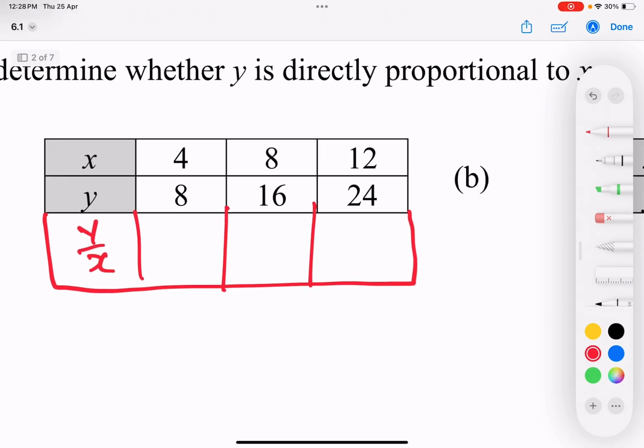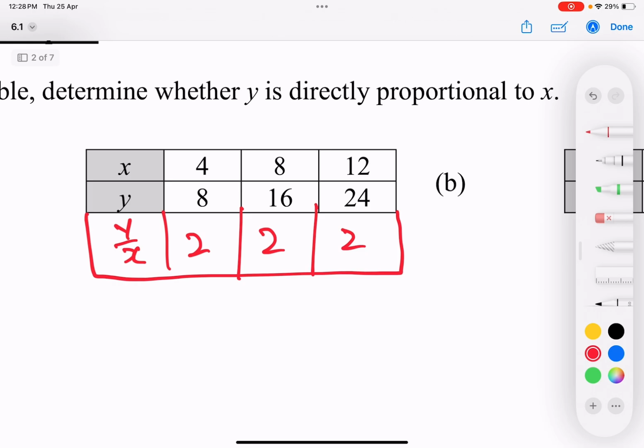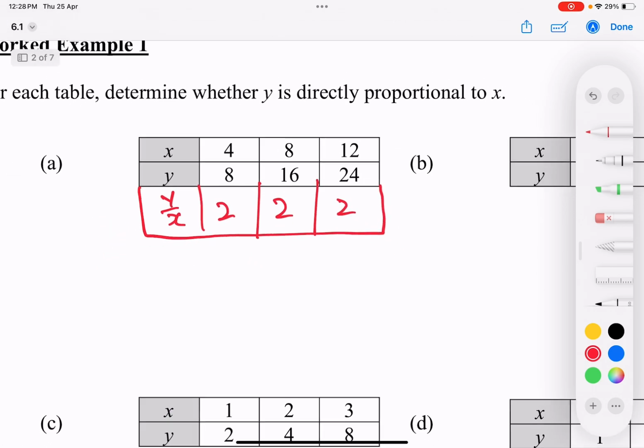Okay, extend this table below, write down what is the y over x. I do the first one for you. y over x is 8 divided by 4. 8 divided by 4 gives me 2. 16 divided by 8 gives me 2. 24 divided by 12 also gives me 2. Okay. So, if the constant is the same, what does it mean? It is directly proportional.